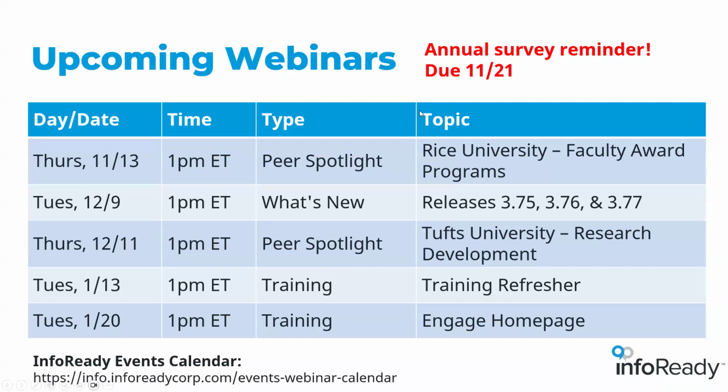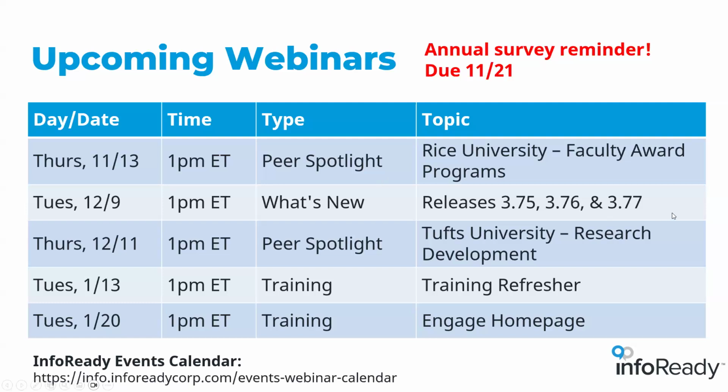And then finally, we have a lot of great webinars coming up, both at the end of this calendar year and even into 2026 already. A quick reminder about the annual survey: due next Friday is when we're hoping to have all of those in. There is a peer spotlight on Thursday, and we're excited to hear from our colleague at Rice University about how she manages faculty award programs.